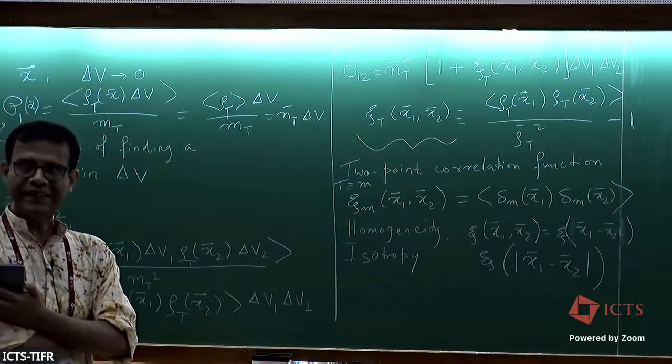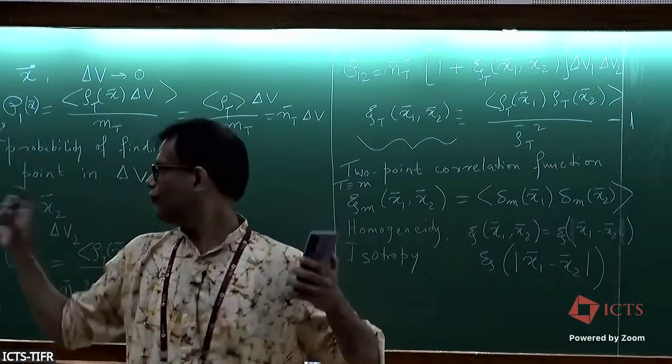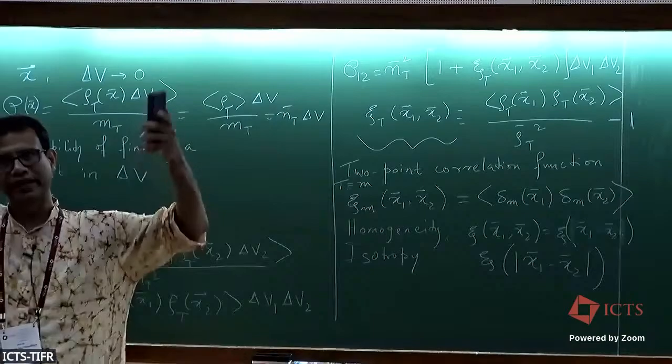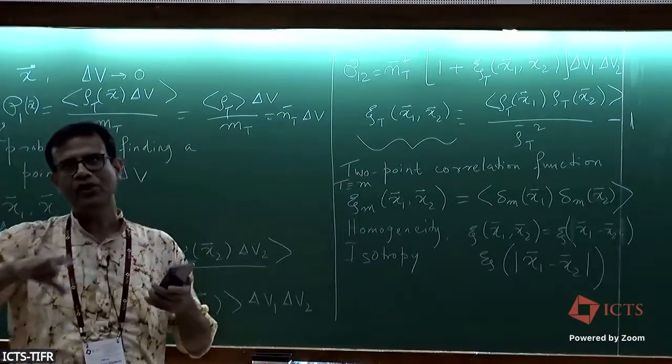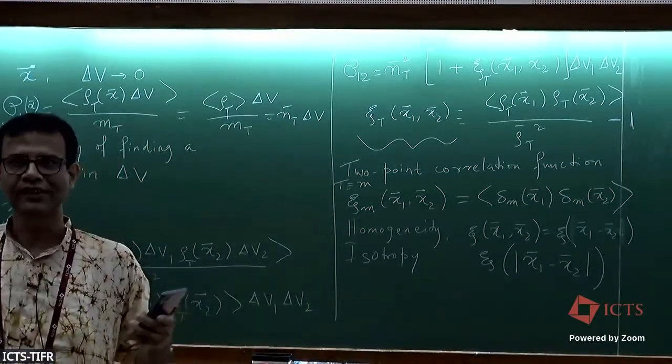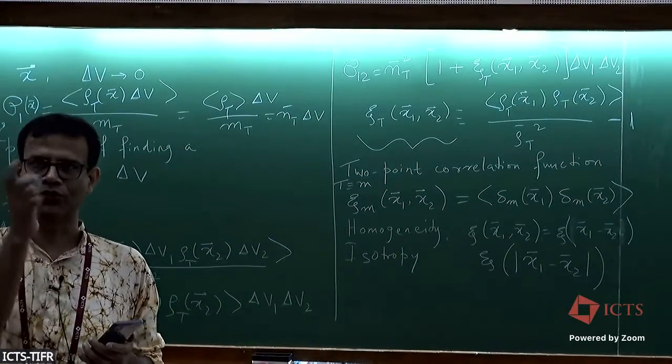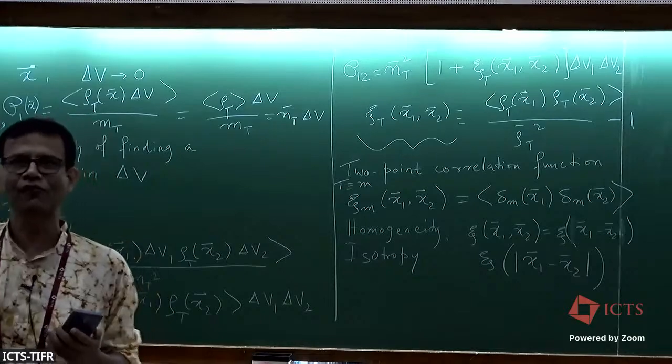So it basically now depends on only one variable. The way we started, psi depended on 2 coordinates. But because of the homogeneity of our universe, psi can depend only on the separation between these 2, so it has now become a function of 1 variable.